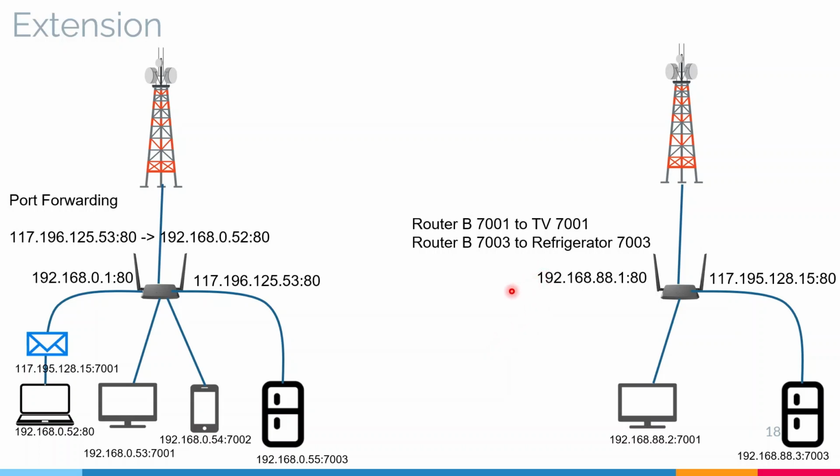So what I'll have to do, if I want to control these devices, is configure in this web app that it needs to call the public IP and the port 7001, so that this router will forward the traffic to the smart TV or the smart refrigerator based on the port that I have invoked. So I send the request, I use the public IP and port 7001. So the request reaches the smart TV and now I can control it using this laptop.